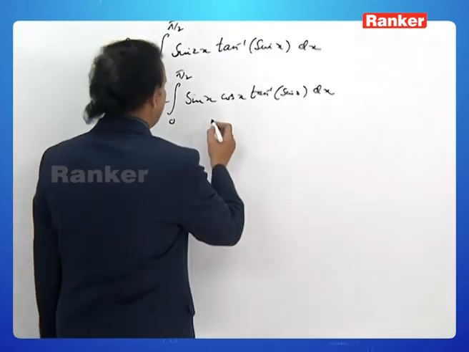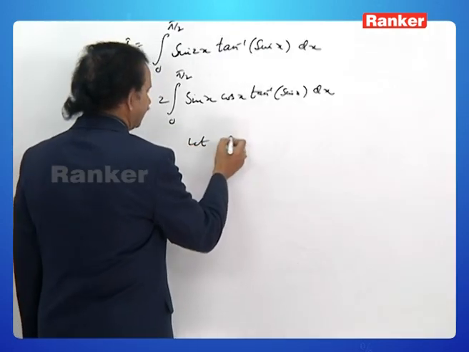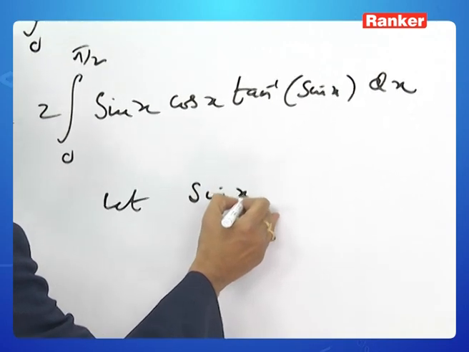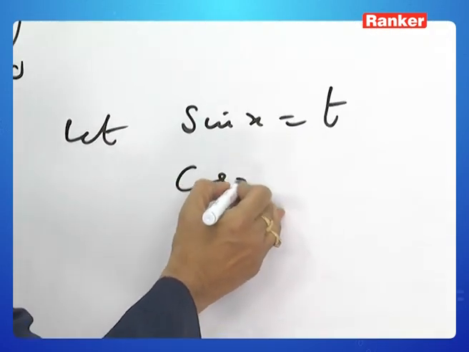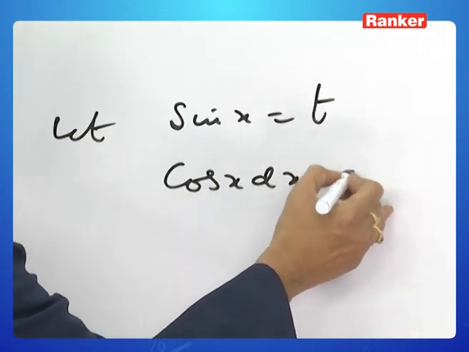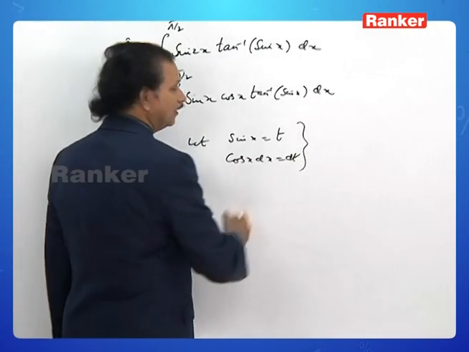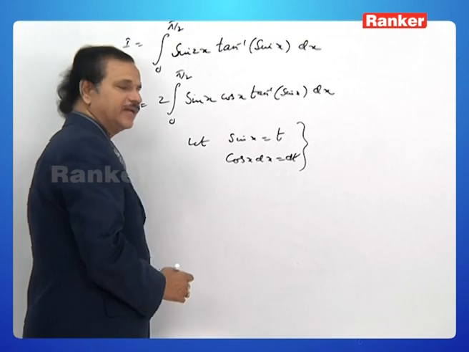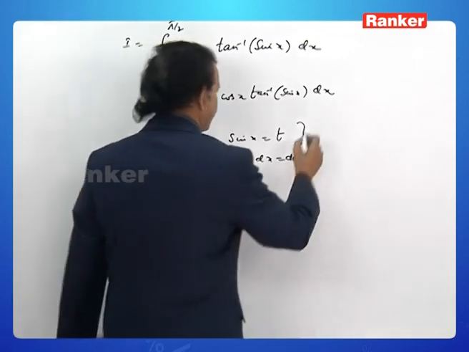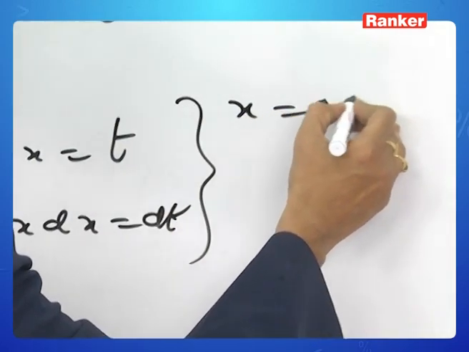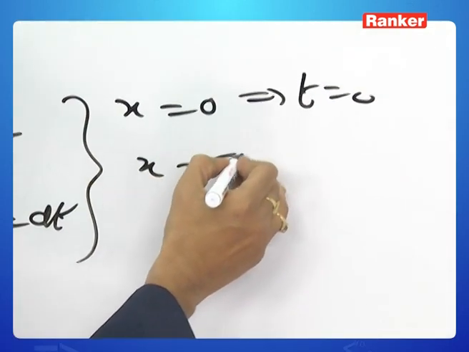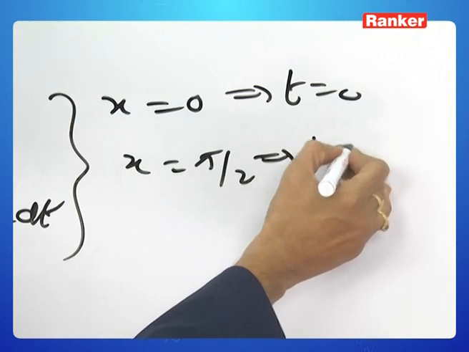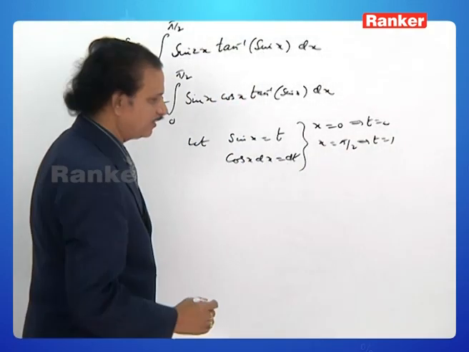Let me take sin x is equal to t. Automatically cos x dx becomes dt. Moreover, thinking of the limits, if x is equal to 0, then t is equal to 0. If x is equal to pi by 2, then t is equal to sin pi by 2, that is 1.